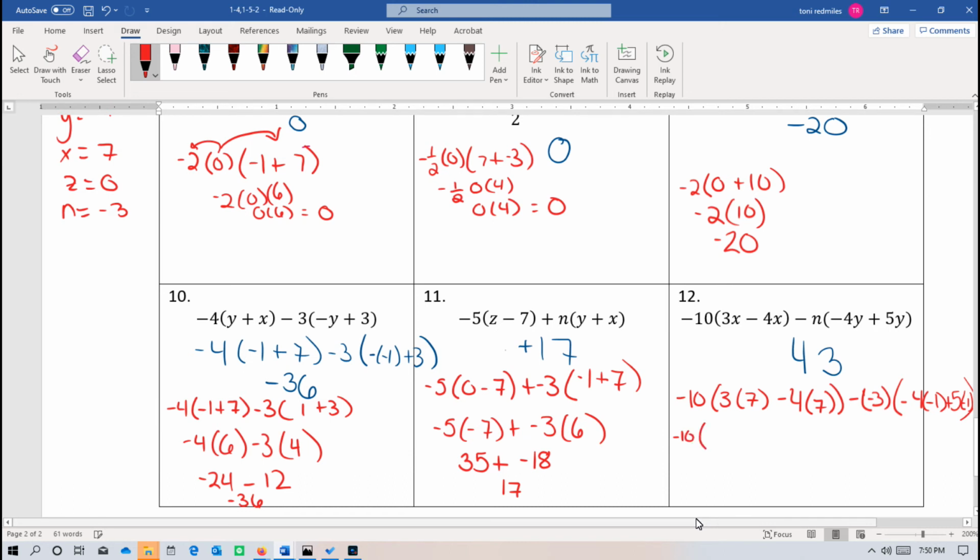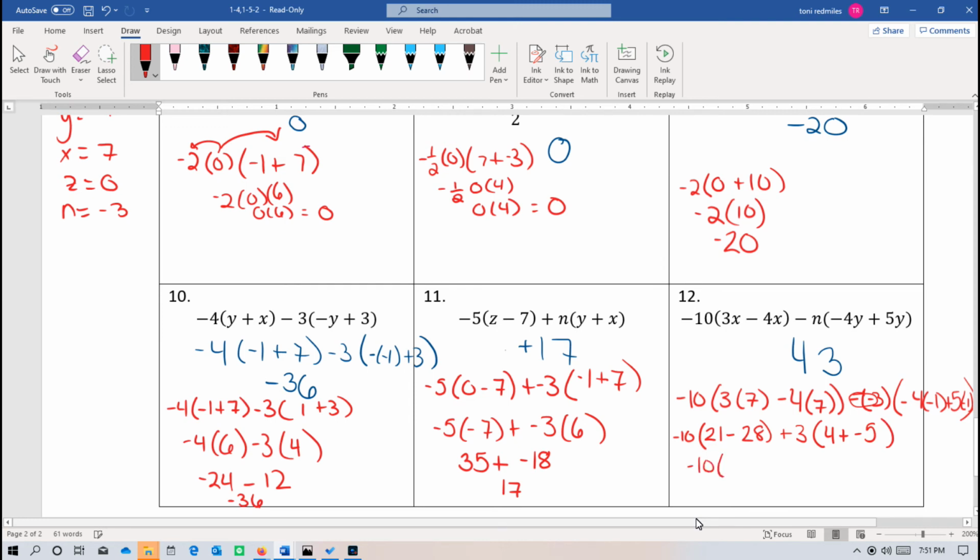Within my parentheses, I've got to do my multiplication first. So that's going to be 21 minus a 28. I'm going to go ahead and clean this up while I'm at it. I'm going to make that a +3. And in this one, same thing. Multiplication has to be done first, which is going to give me this rigmarole. I could clean up those signs, but I'm not going to do that right yet.